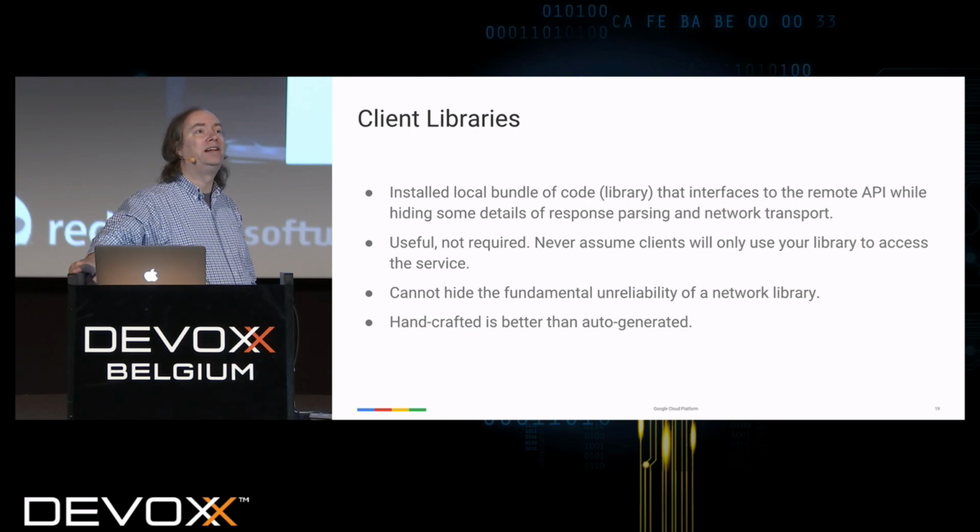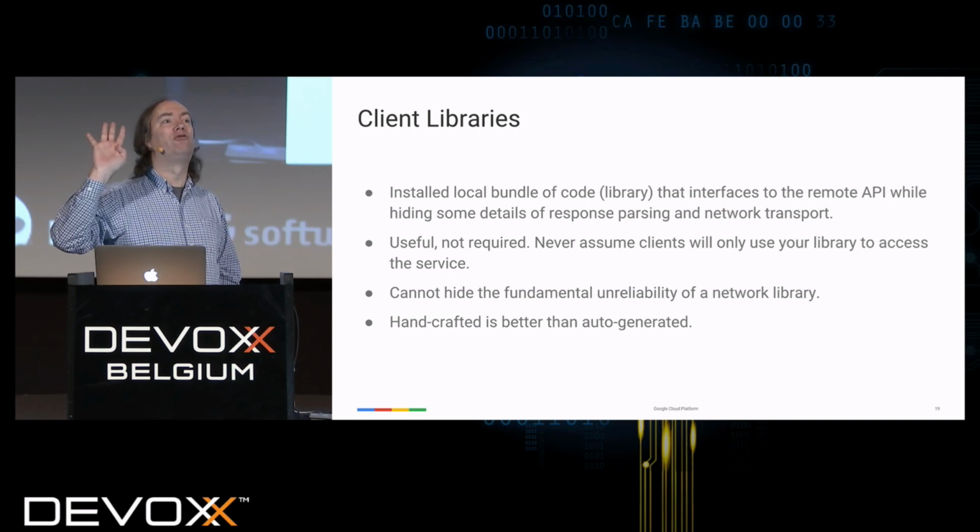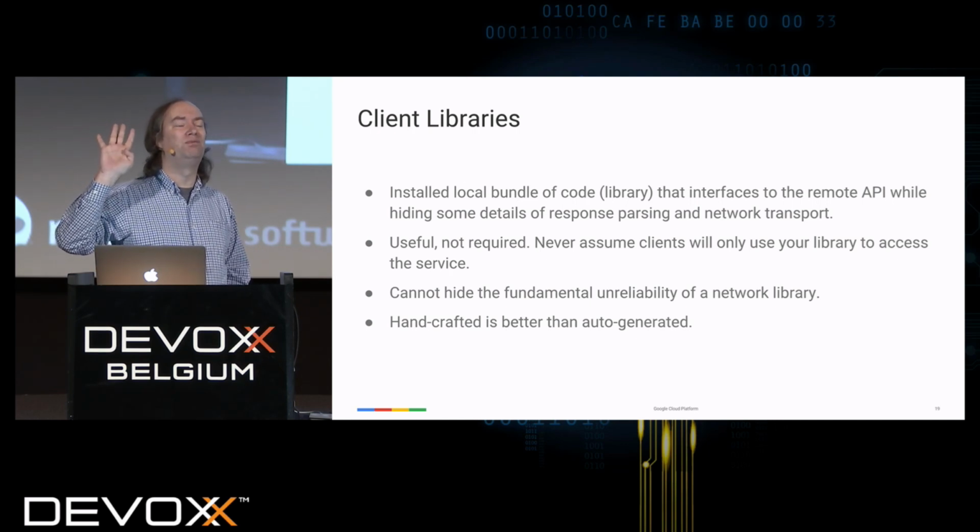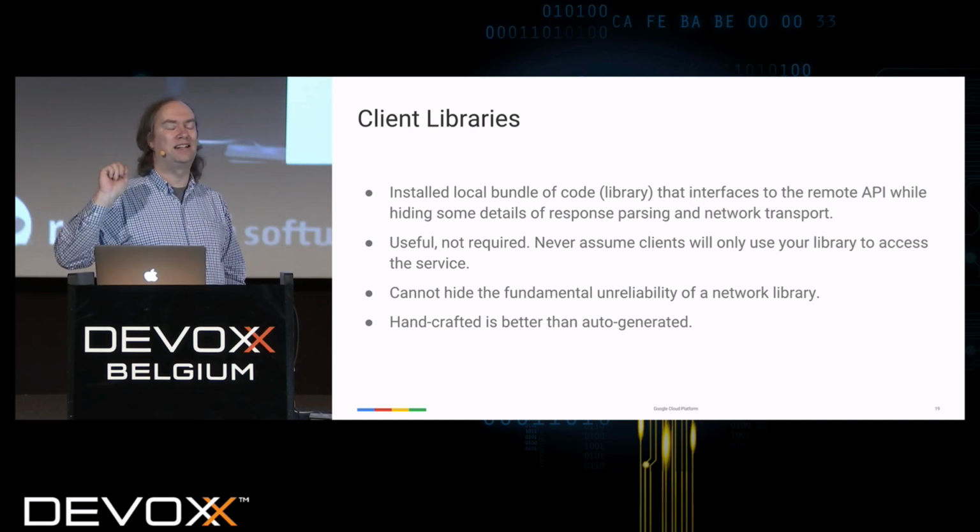And then the final point, when you're building a client library, this is something we've sort of learned at Google. Handcrafted is better than auto-generated. We don't really publish our own tools and libraries for building these sorts of APIs, but we're currently on, I believe, by my count, our 4th major complete different way of doing this since 2008.